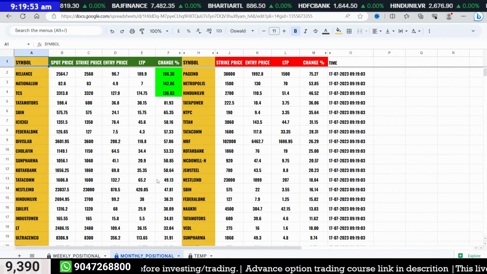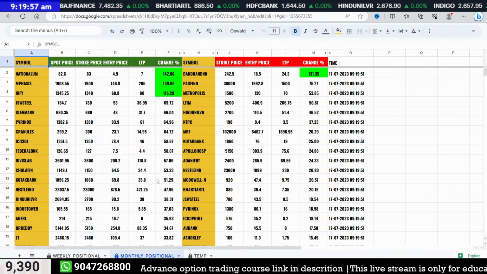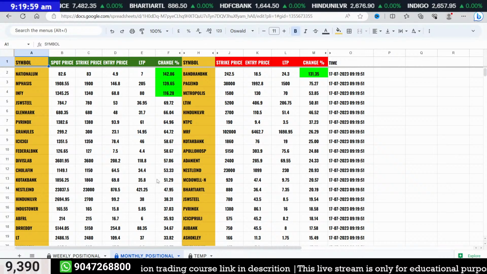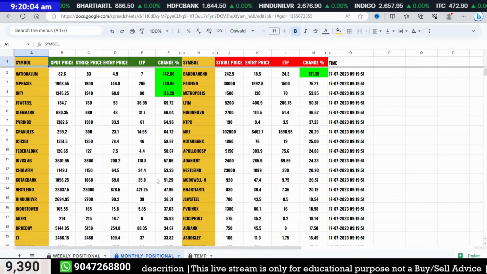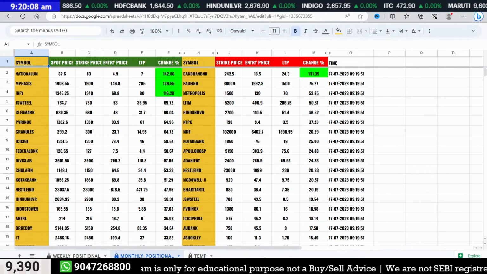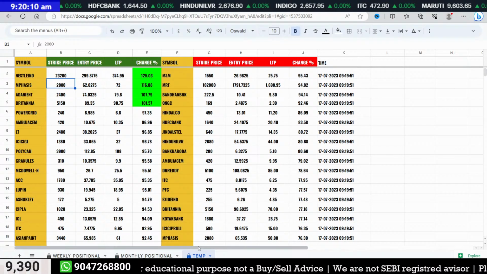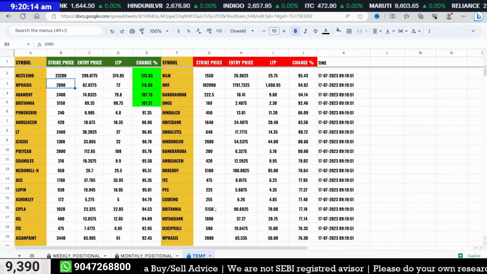On monthly positional, we have some stocks, Tata Motors, that was a previous trade. In JSW also, the trade triggers are very low. Some of the options may not be activated, so that may be the reason. Immediately after market open, stock options are not very liquid. Here most of the options are trading.